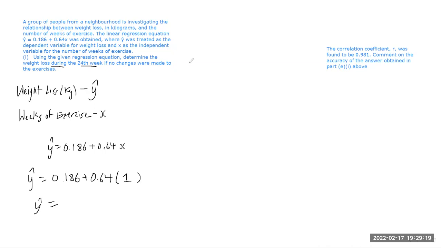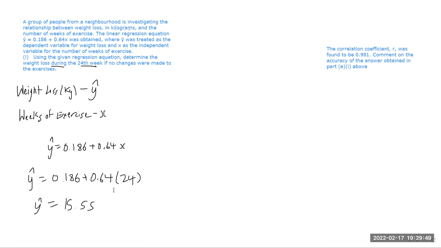Wouldn't 24 find the weight loss up until week 24? This one is worded weird. Yeah, but that's fine. You're just gonna plug in the X as 24. $15.55.